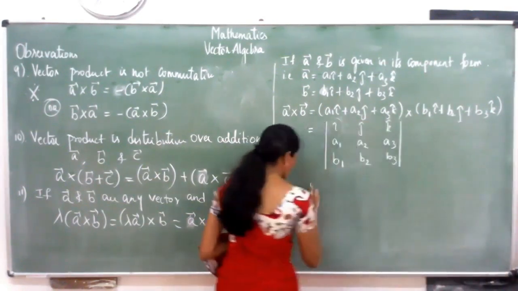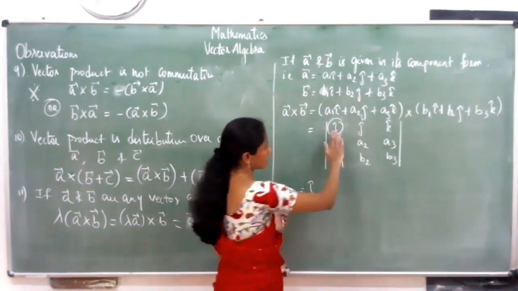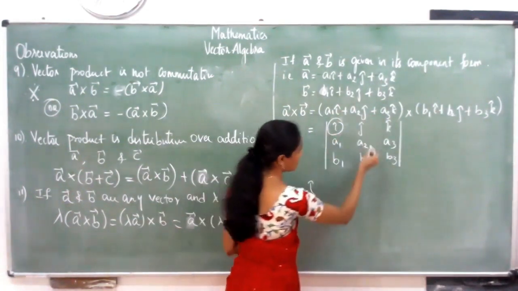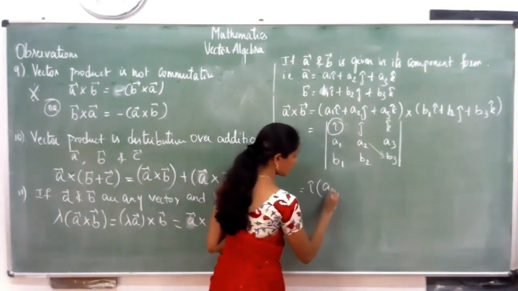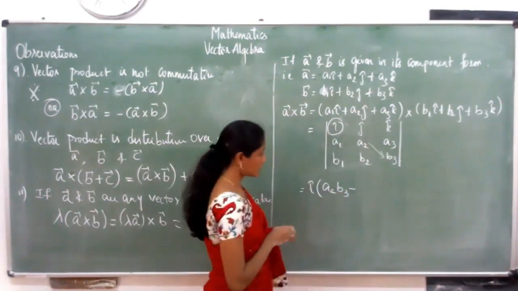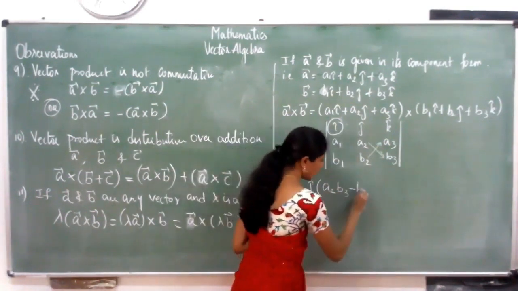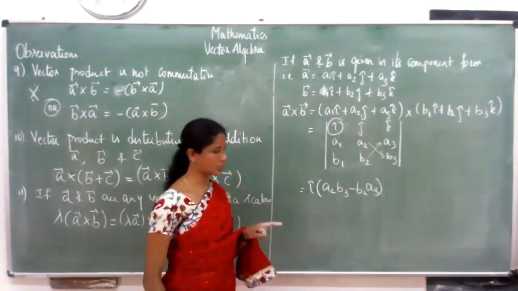So here i cap, this I am considering, neglecting this and this one. You should next cross multiply: i cap into A2 B3, then you should write minus B2 into A3. Okay, this is for the first.